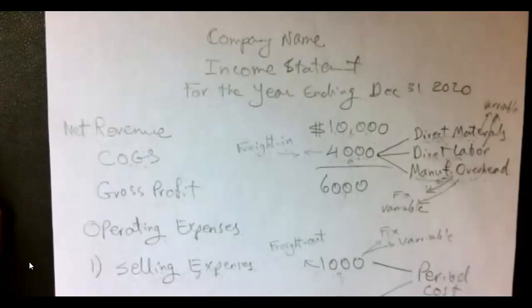Now, just so you know, if you make a product, then you need material. If you make a product, then you need direct labor. That means if you do not make any product, you will not spend any money for direct material or direct labor. Agree?